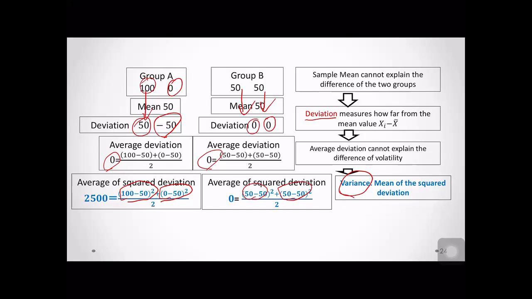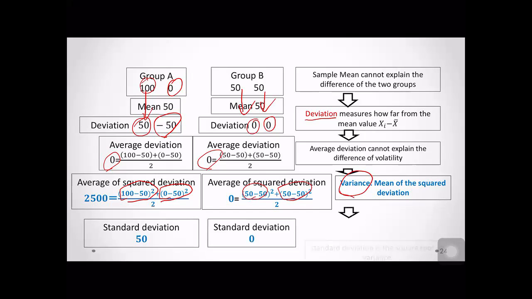There's a similar measure called standard deviation. Standard deviation is calculated as the square root of the variance, because when calculating the variance, we square the deviation.